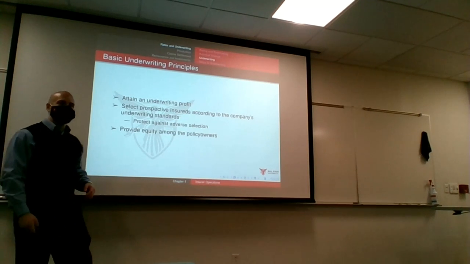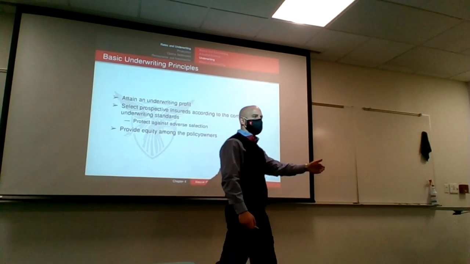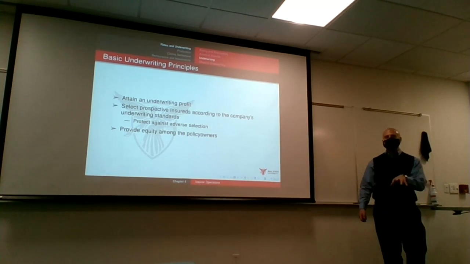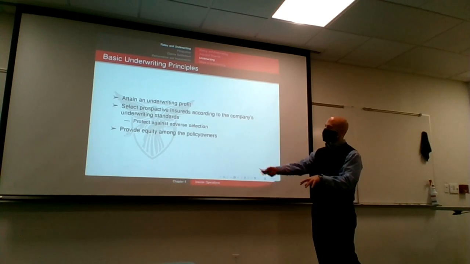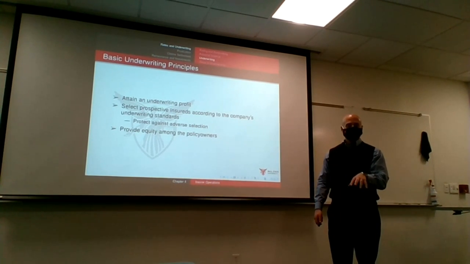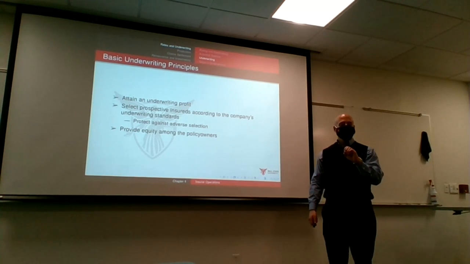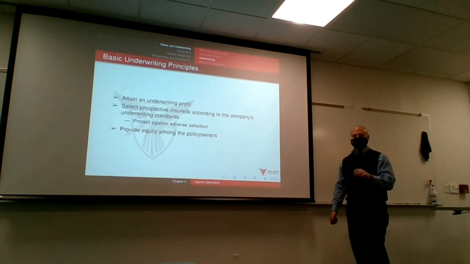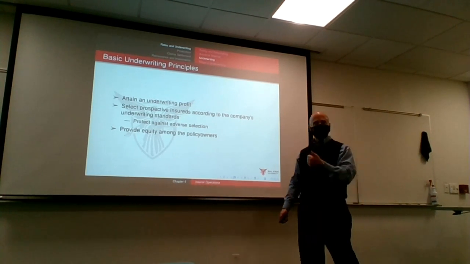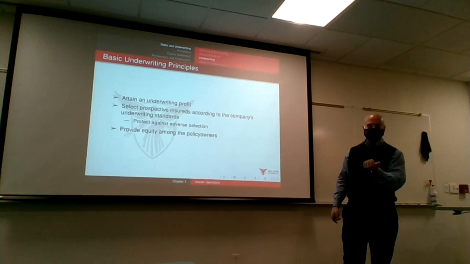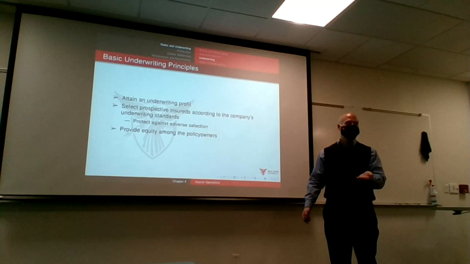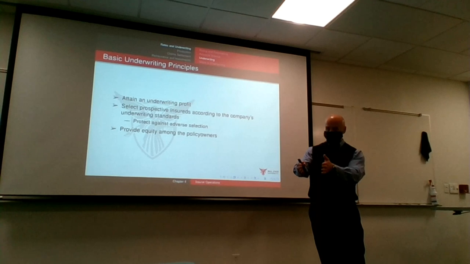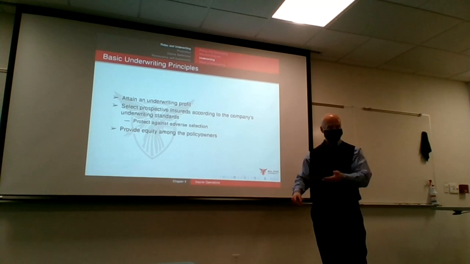This last point here is really an artifact, or would be an artifact if we correctly mitigate adverse selection. So providing equity among the policyholders would be an artifact of mitigating or reducing adverse selection. Meaning that if we make sure those high-risk individuals don't get those average or low-risk policies, in this case, the premiums that are lower than what they should be paying, we classify them correctly, it's fair for the people or businesses who do fit into the average or low-risk policy.